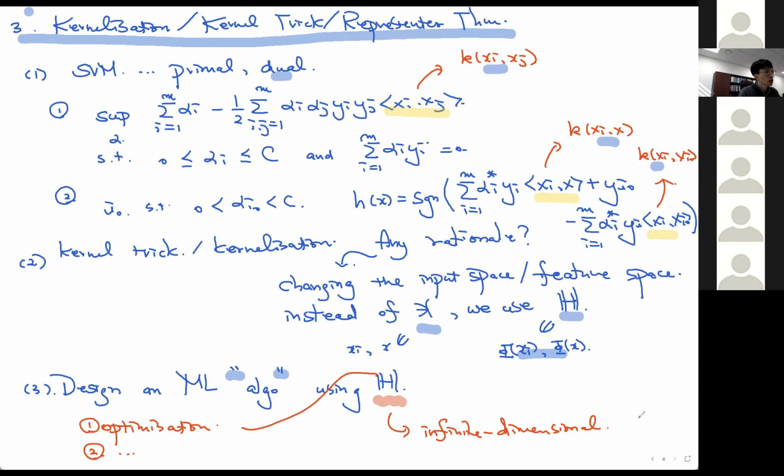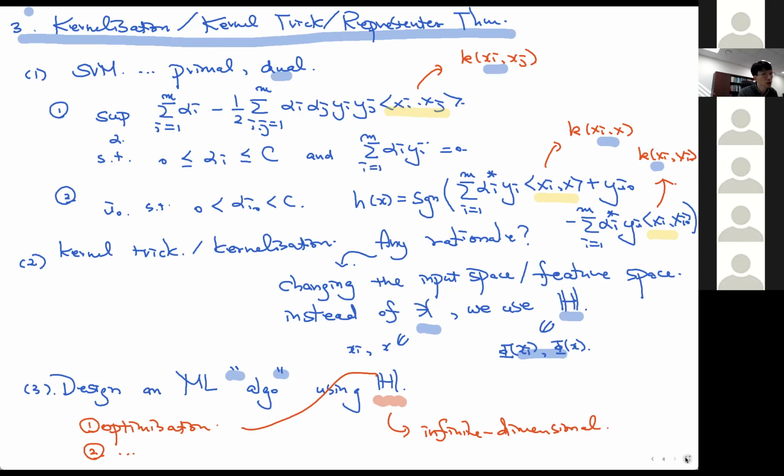It turns out that for certain optimization problems over this reproducing kernel Hilbert space, there is a very nice representation that enables us to design an algorithm, the real algorithm, not just this hypothetical idealized algorithm.